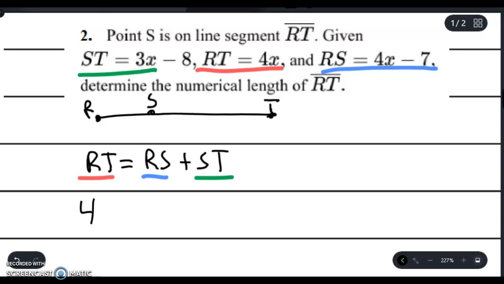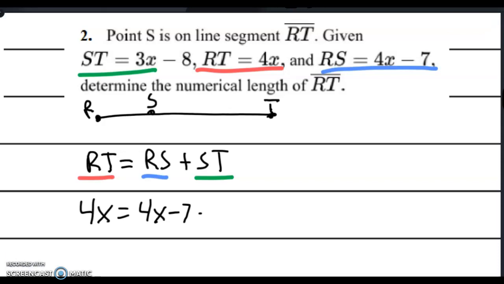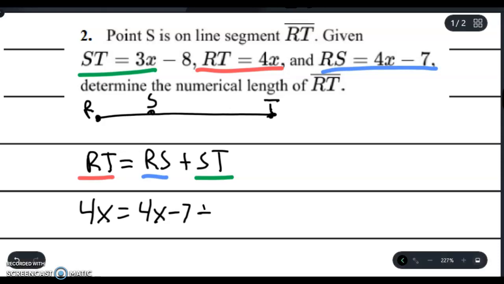RT is 4x, RS is 4x minus 7, and ST is 3x minus 8.